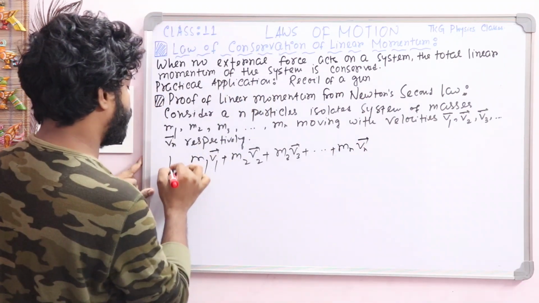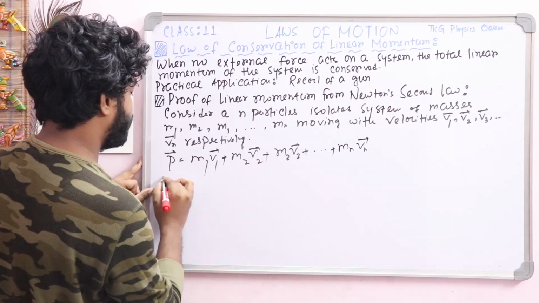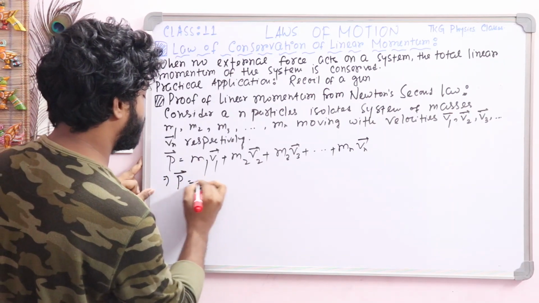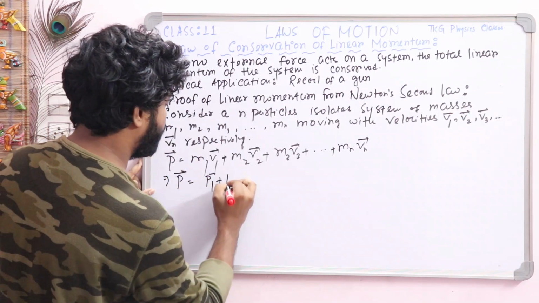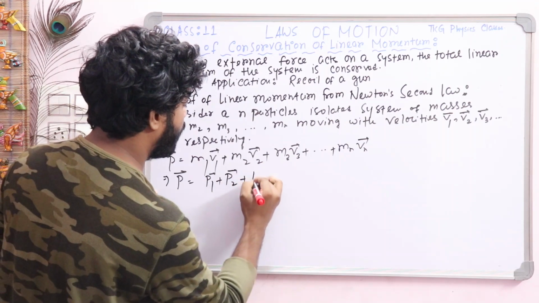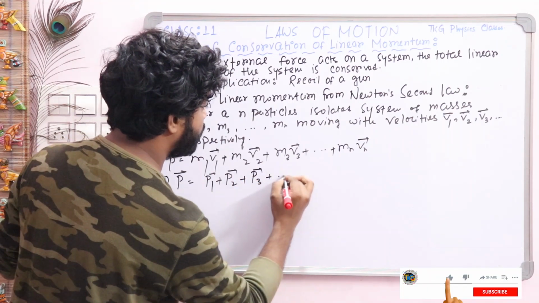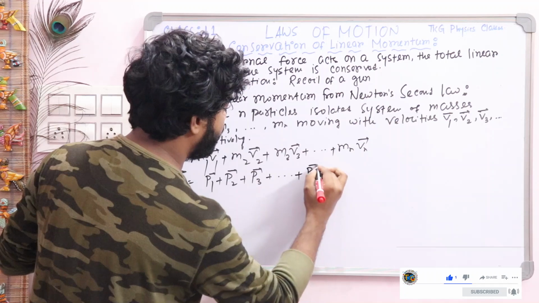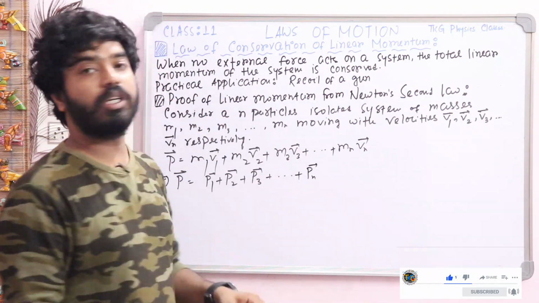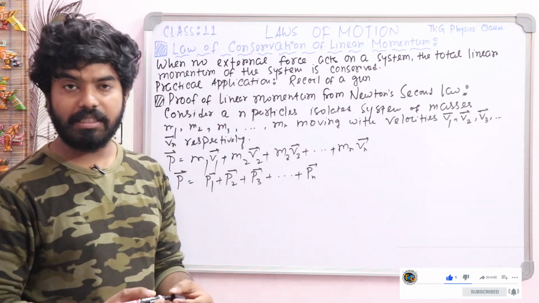So this is the total momentum p. You can write p equal to p1 plus p2 plus p3 plus up to pn. So this is the expression of total momentum for the n particle system.